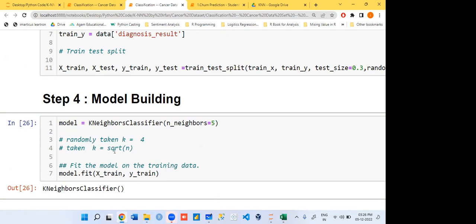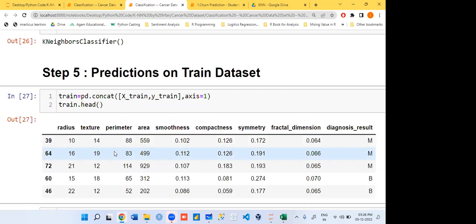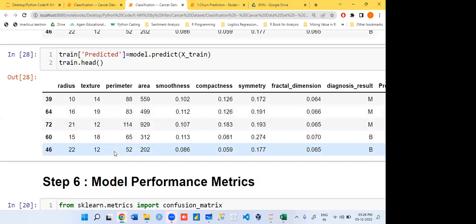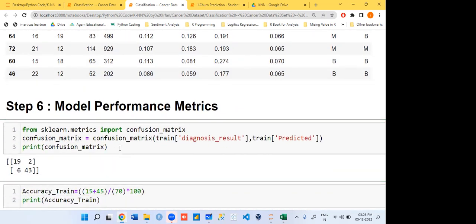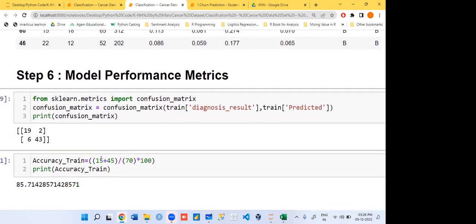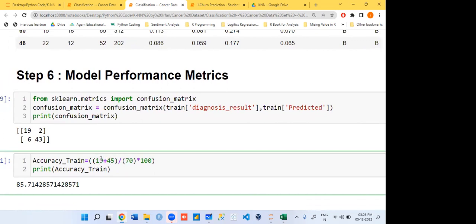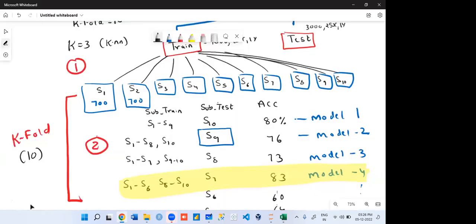Run the model again. In data prediction. Again, I will make the confusion matrix. 19 plus 43. 88. Better answer. Okay. Guys, let me write, otherwise you'll forget.